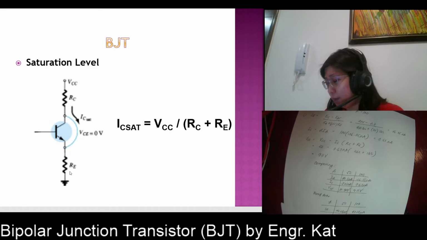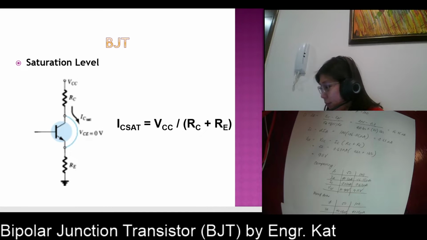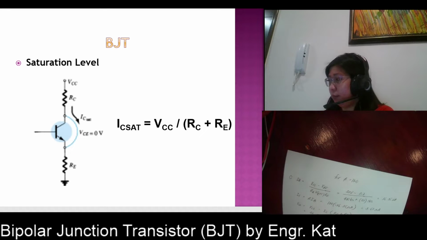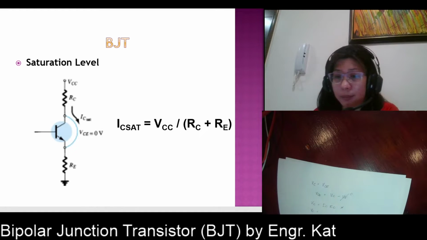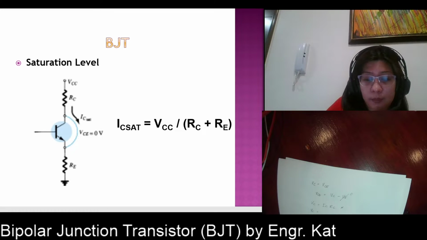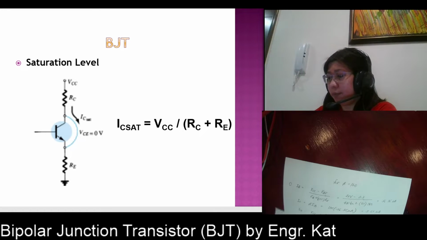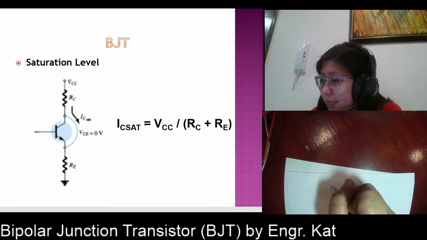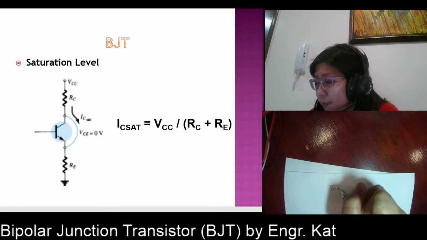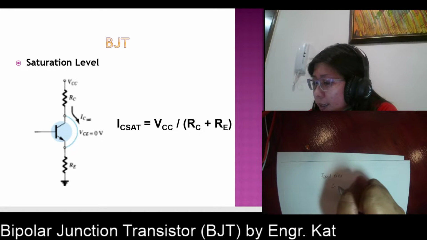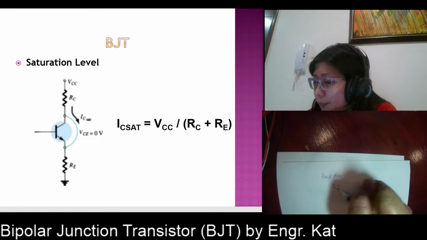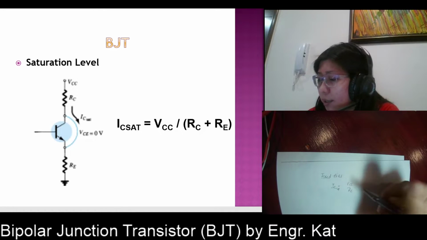So the difference between fixed bias IC sat is VCC all over RC.